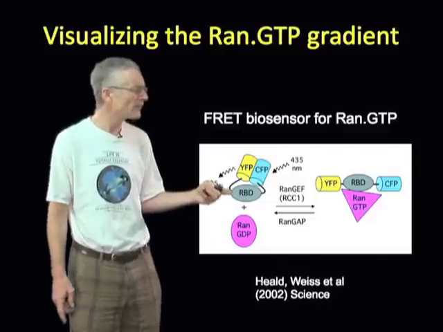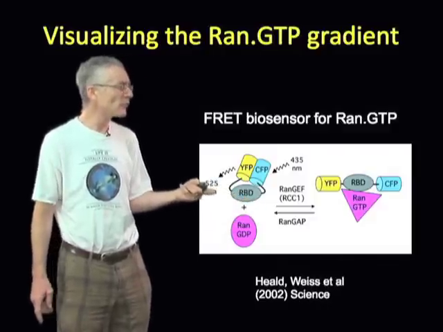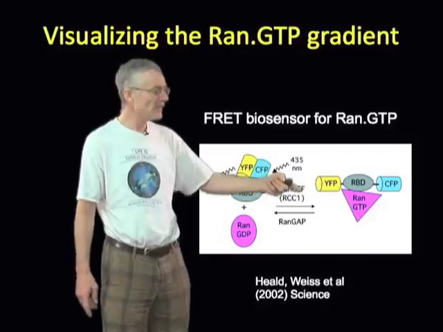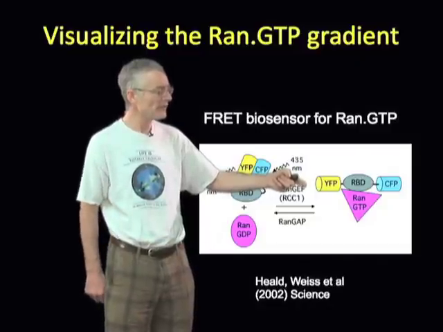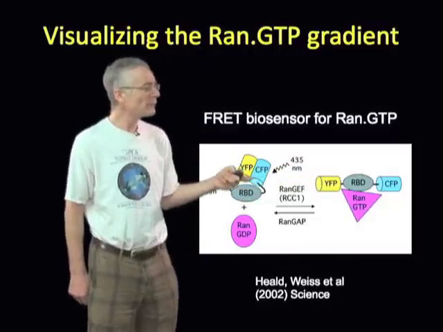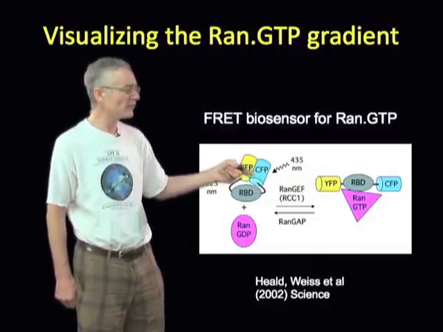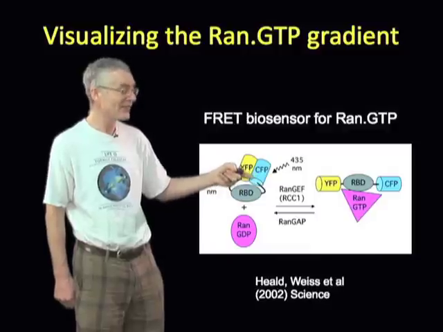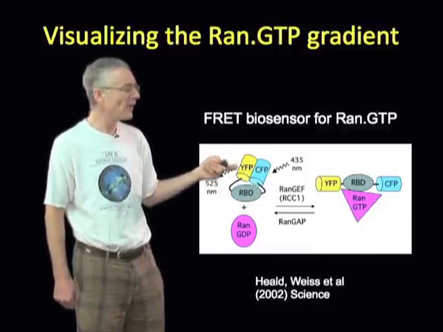And the way this works is there's a Ran binding domain shown here in green. This is easier to see here. That's fused on its N and C termini to CFP and YFP. I'm not sure which is which, although I've put the reference here if people are interested. When this molecule is on its own, CFP and YFP are close enough together to get efficient FRET, fluorescence resonance energy transfer, from the CFP to the YFP, so the FRET signal is high.